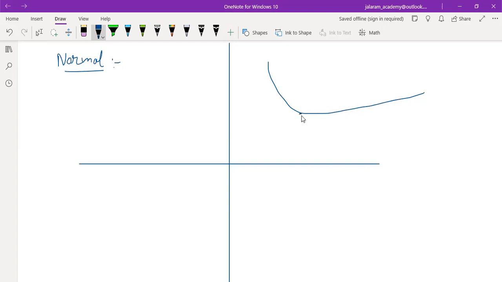Before this, we have studied that if x1 comma y1 is a point on a curve, a tangent can be drawn at this point. Let this x1 comma y1 be the point of contact, through which the tangent is passing.